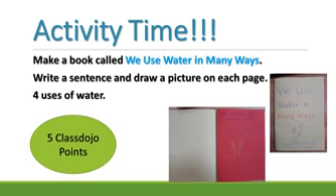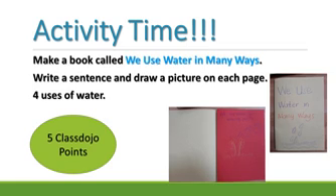For our activity time, make a book called We Use Water in Many Ways. Write a sentence and draw a picture on each page. You have to give 4 uses of water. I have here an example. The first picture is the cover, and the other picture is my sample.